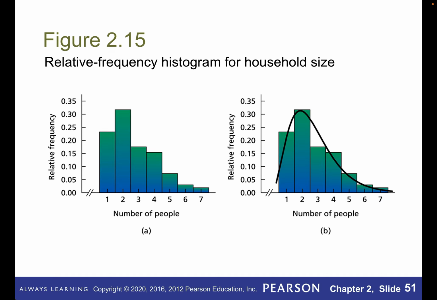In Figure 2.15, we encounter the relative frequency histogram for household sizes. This data was taken from Current Population Reports, which is a publication of the U.S. Census Bureau. And we see from this histogram that the data has a skew to the right.